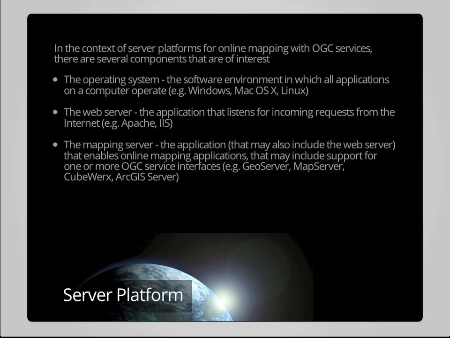So you could think of this as a specific set of capabilities that are exposed to the internet by the web server, with both the web server and the mapping server running on top of or within a particular operating system.